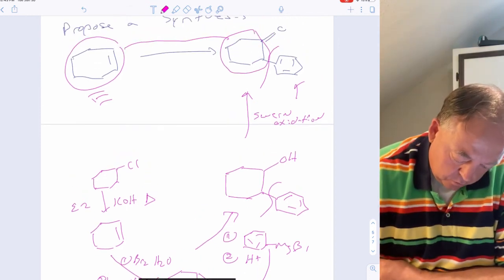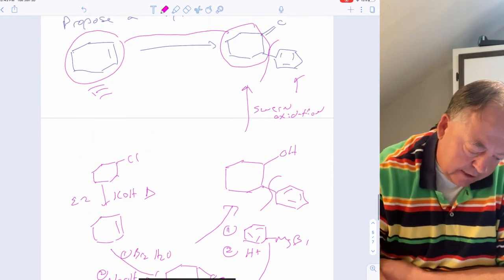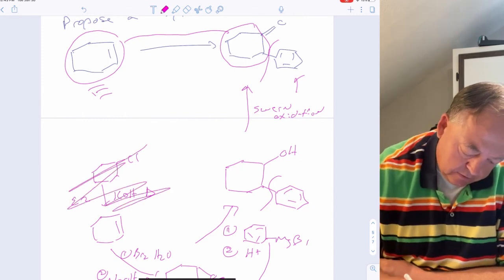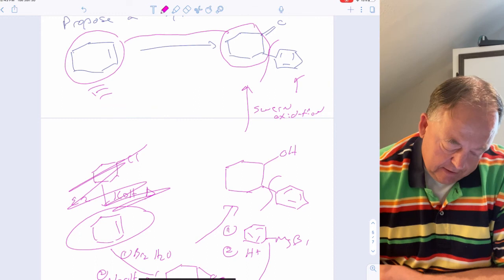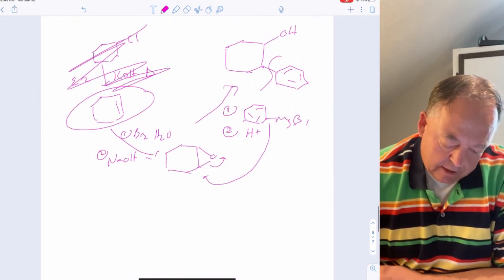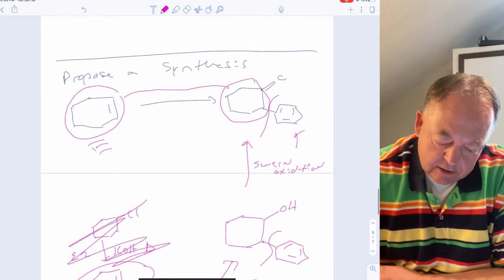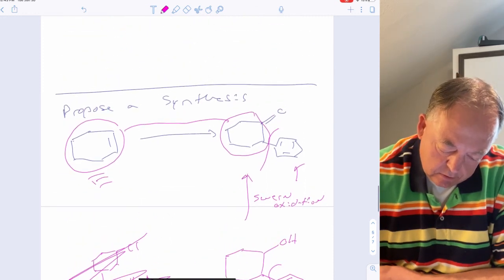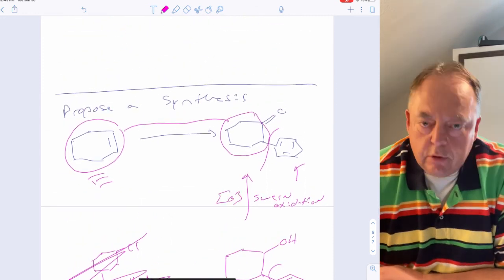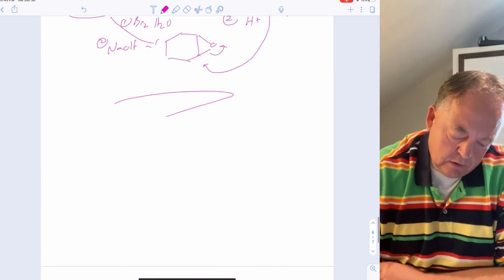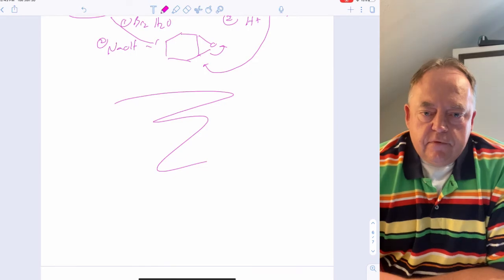And well, we didn't have to go back that far because I told you to start with cyclohexene. So we didn't need to do this. That was our starting material. So if we had that starting material and we made this epoxide, did this Grignard reaction to make this alcohol, and then oxidized it, then you would have the product, right? Okay, that's it for chapter 14.